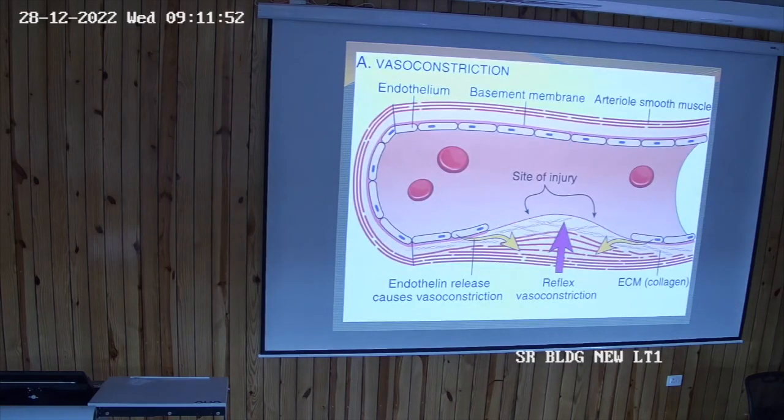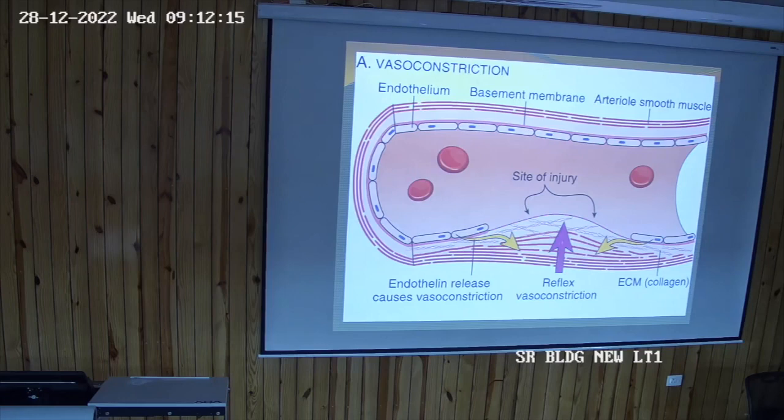This is the site of injury where there is vasoconstriction. You can see the release of endothelin, if you remember, the release of thromboxane A2, and ADP. These are the chemicals or factors which are responsible for vasoconstriction as well as aggregation of platelets. Now remember another important thing, the role of von Willebrand factor.